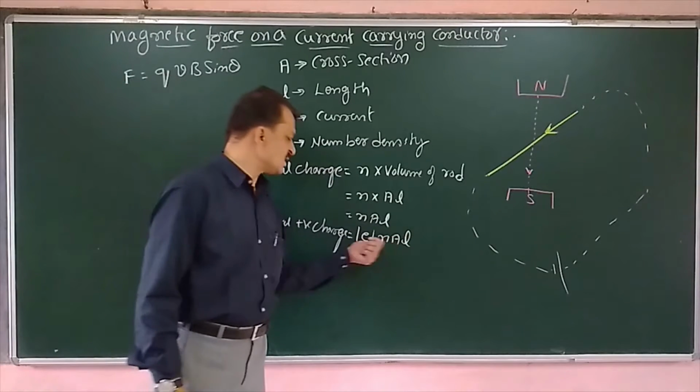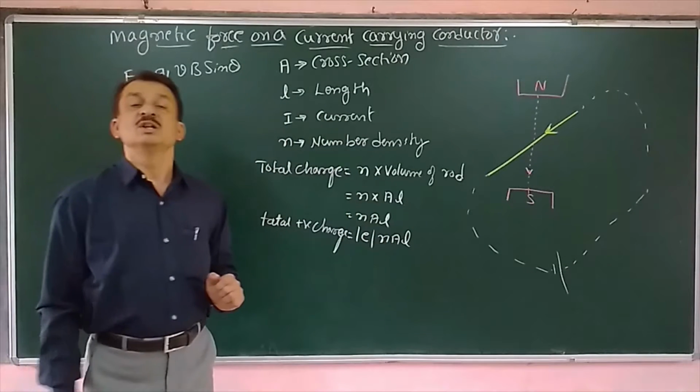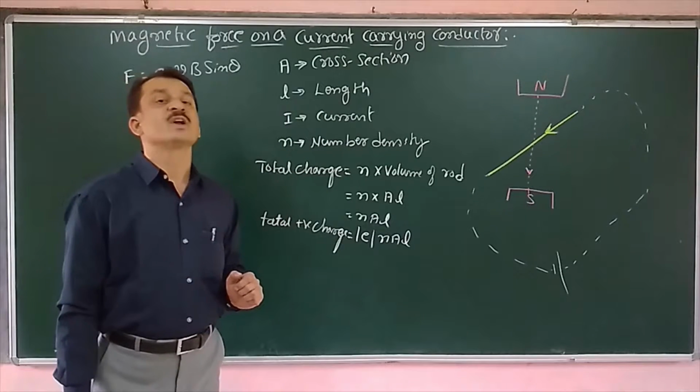Now this number gives the total charge present in that volume of the conductor.